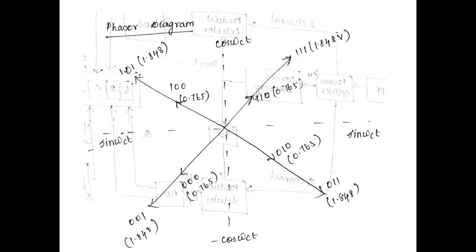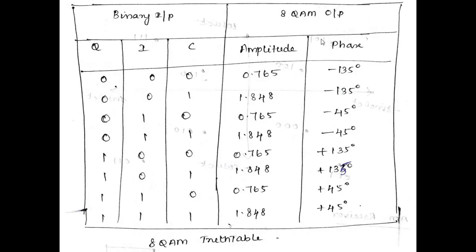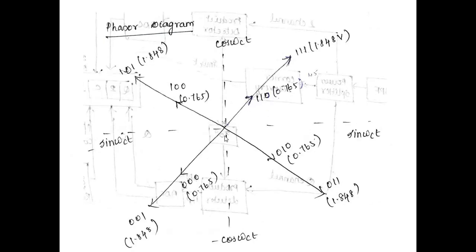Here the value is 110 for 0.165 amplitude, and here is 111, because at plus 45, 110 and 111 are both represented as the angle of plus 45 with these 2 different amplitudes. So in the diagram at 45 degrees these 2 points are represented.